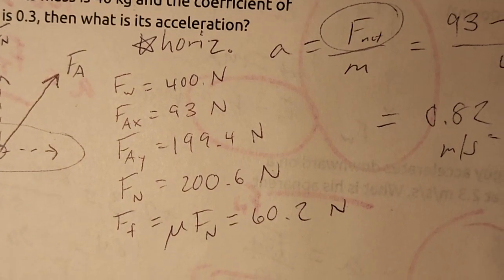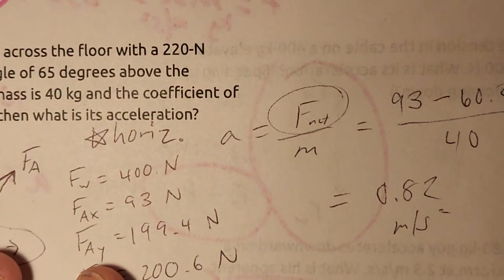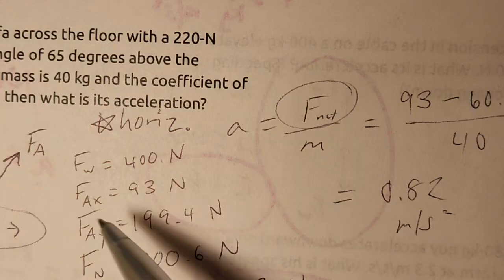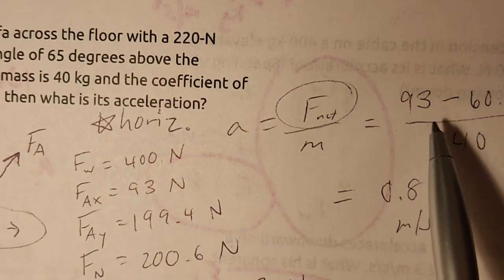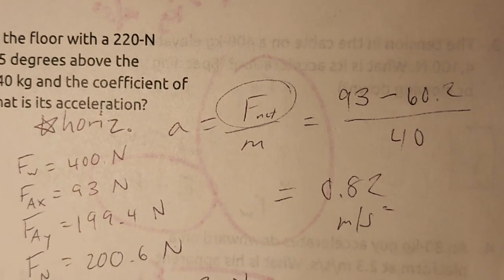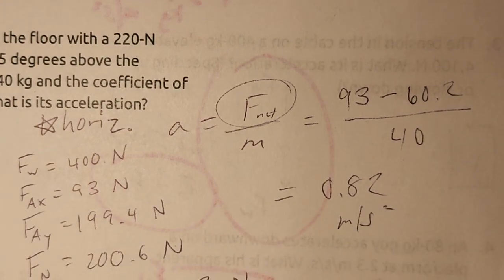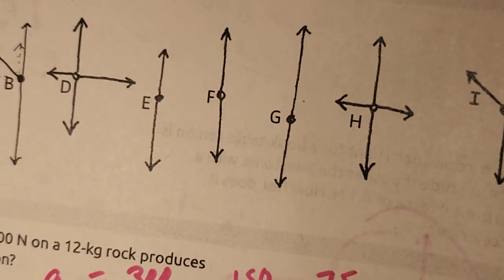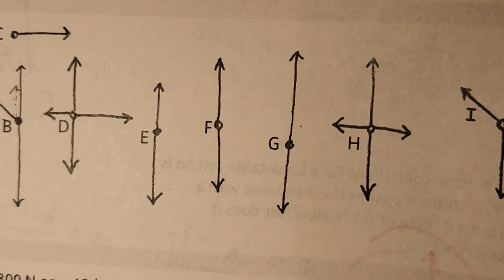So I can just do my horizontal component minus the friction. Horizontal component is 93, friction is 60.2, and I get an acceleration of 0.82. So this is really all about the force diagrams, so we can figure out our net forces.